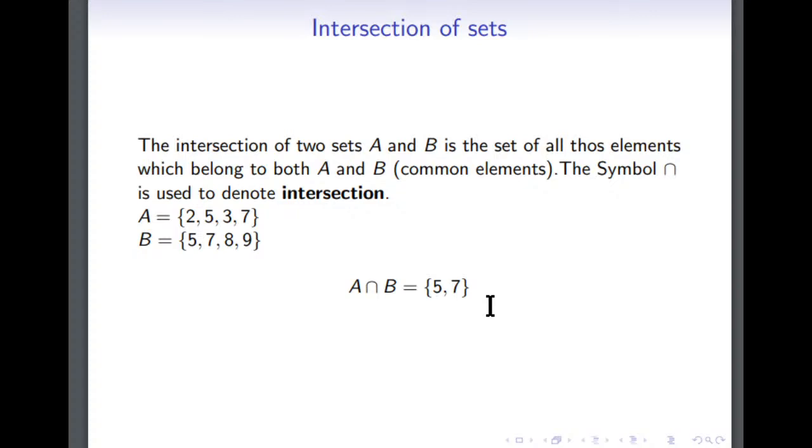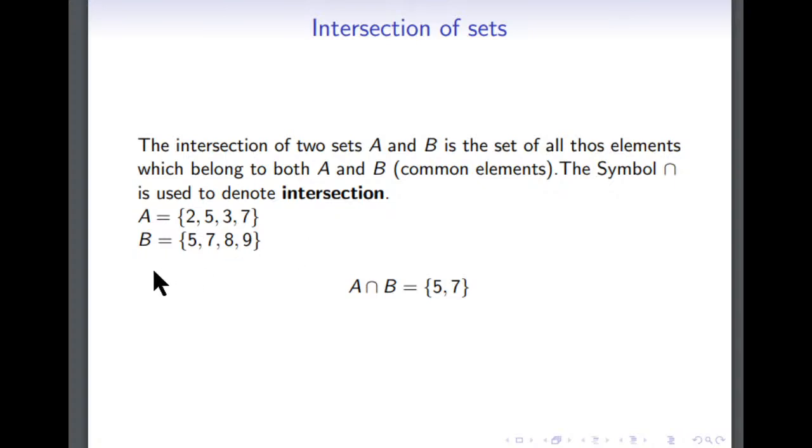Similarly, intersection of sets means those elements which are in both of the sets. What does the definition say? The intersection of two sets A and B is the set of all those elements which belong to both A and B, the common elements. This symbol is used to denote intersection.